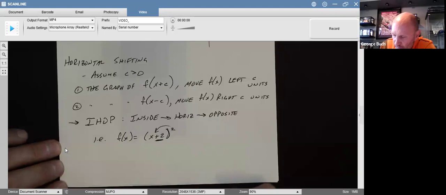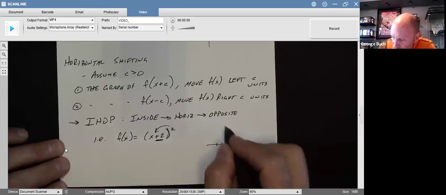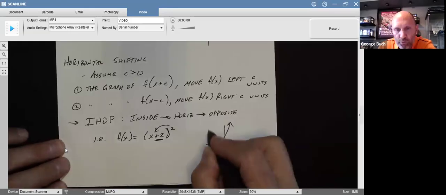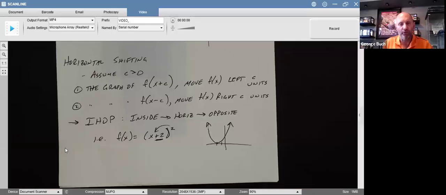I see plus 2, meaning I have to go left 2. So instead of moving it up on the graph, my parabola is now going to move to the left 2 units. And again, I don't have to plot points. I don't have to do any calculations. I just know that, oh, okay, if I have a plus 2 inside, that's going to be left 2 units.